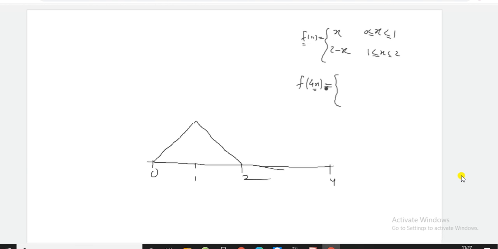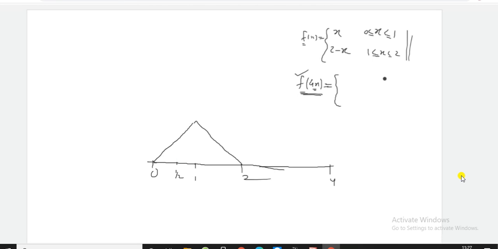So therefore, if you obtain the graph of this function f(4x) on just 1/4 of the domain of this function f, that is on 0 to 1/4 of this 0 to 2, that is 0 to half, then you just repeat this graph on the whole real line and you can get the graph of f(4x).